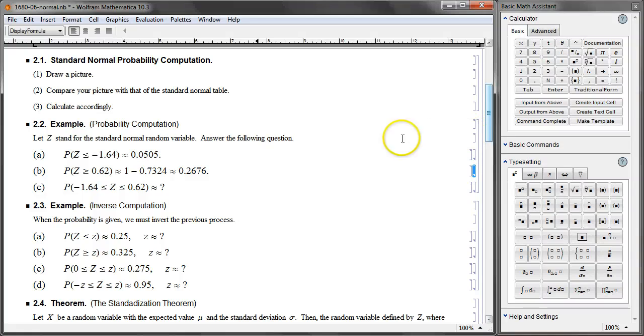Now let's go over to the third example. What is the probability that z is between these two numbers? Greater than negative 1.64 but less than 0.62. Yeah, that's in between. So let's do this. Subtract one from the other.